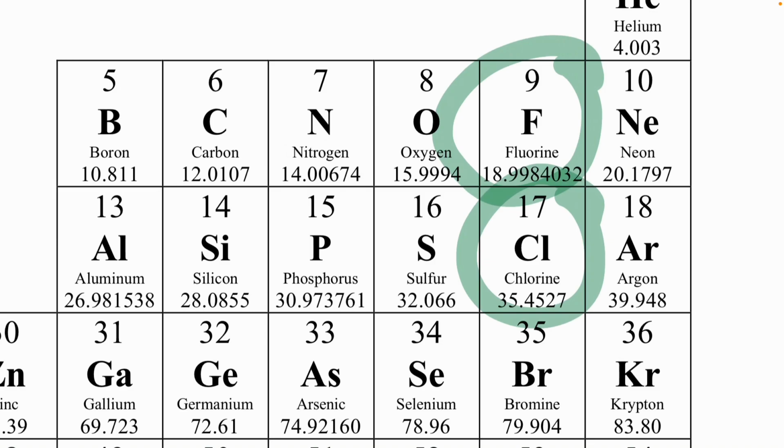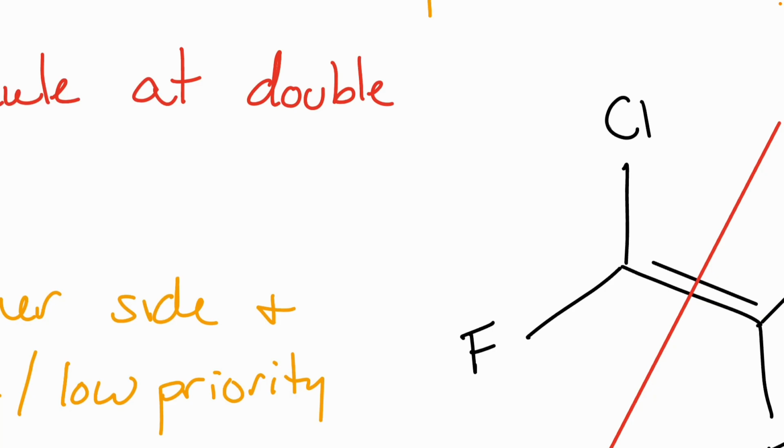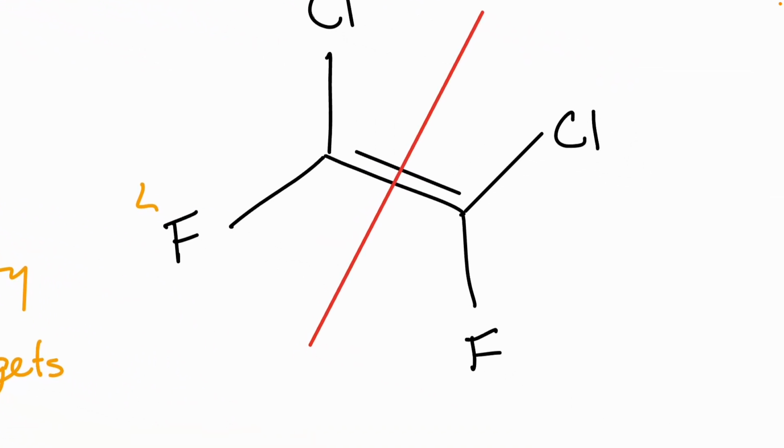So chlorine is my high priority group. Over here, this one's high, which means the other one is low. I do that for one side of my double bond. Now I'm going to jump across and do the same thing over here. Which one of these two groups is going to be my high priority group? Again, the chlorine.